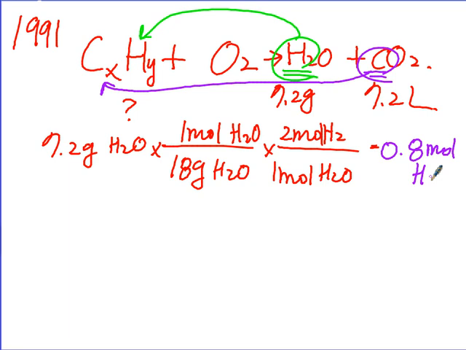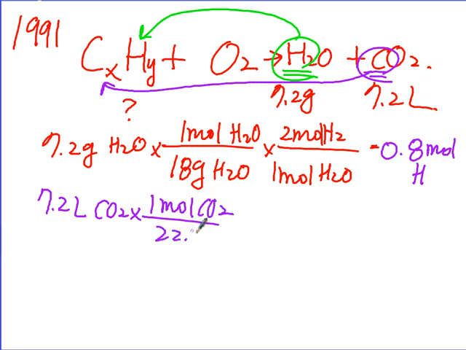Now, carbon dioxide. The cool thing about this is that they told you this is STP, so I can assume that for every 1 mole of any gas there is, I have 22.4 liters. So if I have 7.2 liters of carbon dioxide, for every 1 mole of carbon dioxide, I have 22.4 liters. Now I'm just going to look for the moles of carbon in the carbon dioxide, which is just 1, right?